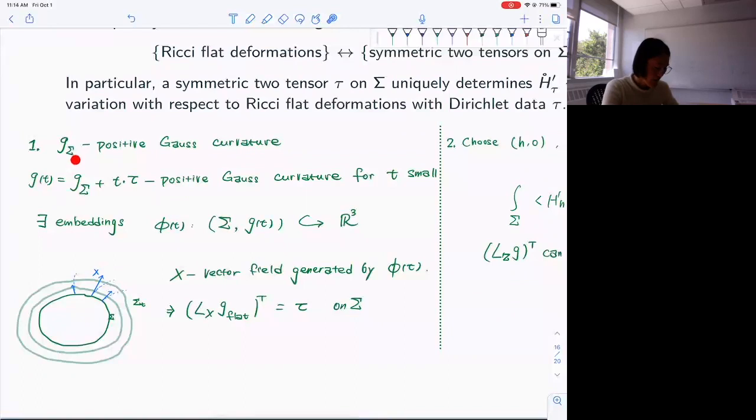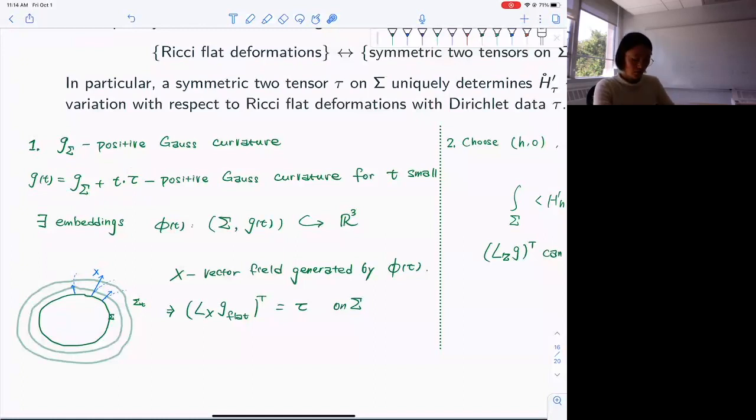Suppose we have a metric g, the induced metric on sigma, and it has positive Gauss curvature. Then we take an arbitrary 2-tensor tau. We can construct this family starting from g_sigma plus t times tau. For t very small, this is a family of Riemannian metrics, and if t is small, the metric should also have positive Gauss curvature.